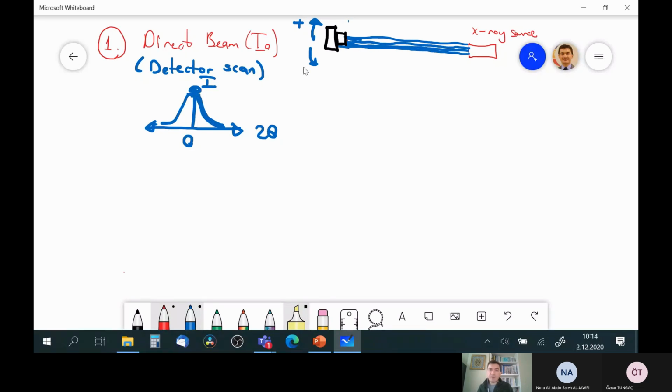And if you go back and move to the negative side, then we will see the symmetric curve, the same mechanism which we have observed on the positive side.